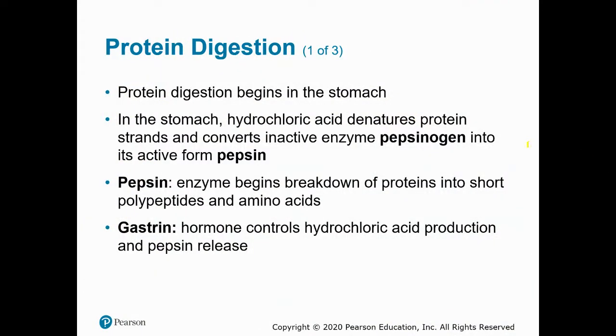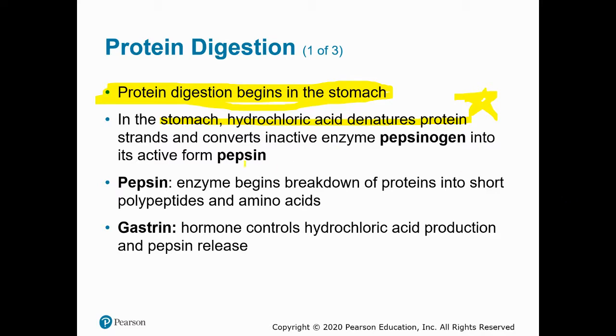Okay, so just like with fat and carbohydrate, let's talk about protein digestion. So remember, we said that carbohydrate digestion begins in the mouth. There's also a small amount of fat digestion that begins in the mouth, but there's really no protein digestion in the mouth. So it's really not until the stomach, when we can denature the proteins, that we see the beginning of protein digestion.